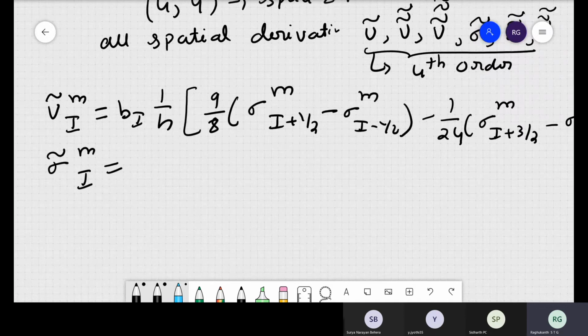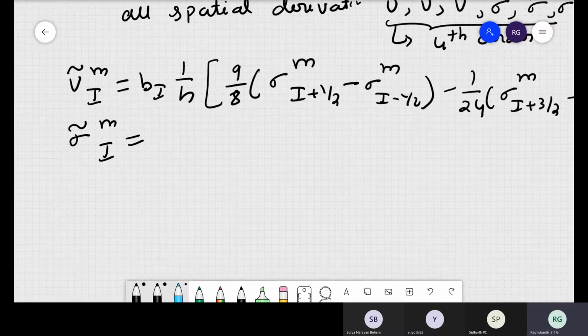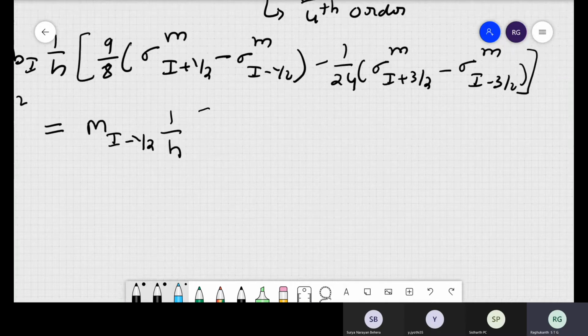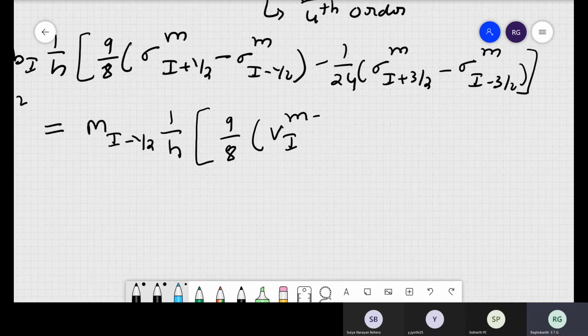Similarly, we can write it for sigma as well, just one second. Now for sigma hat also, at m minus half and i minus half, you can write this. This is a material property, 1 by h. Then 9 by 8 times v_i at m minus half minus v_{i-1} at m minus half.